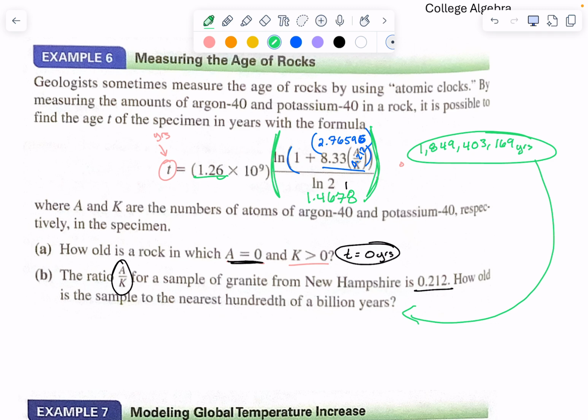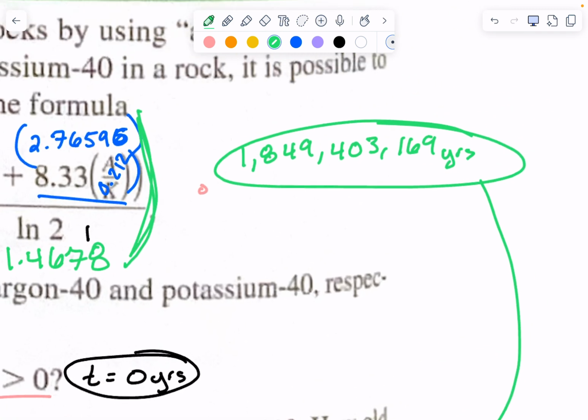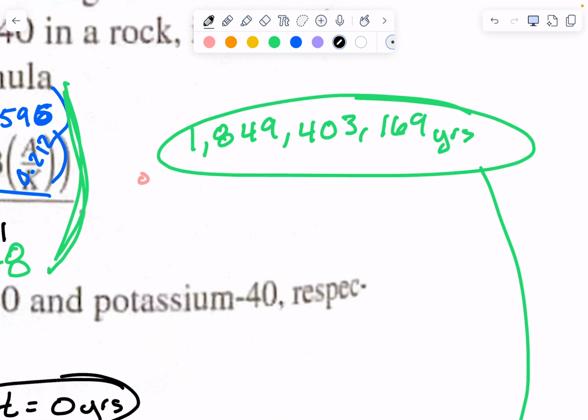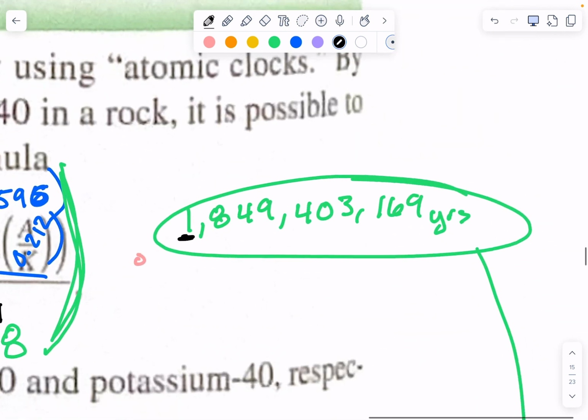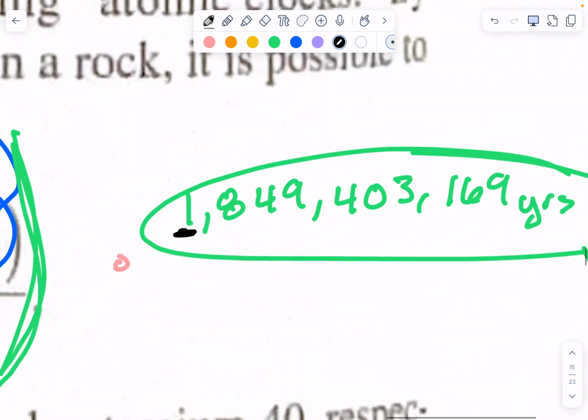How old is the sample to the nearest hundredth of a billion years? Which number up here is the billion spot? The 8. Actually, that's not trillion, that's billion. Mine's in scientific notation.